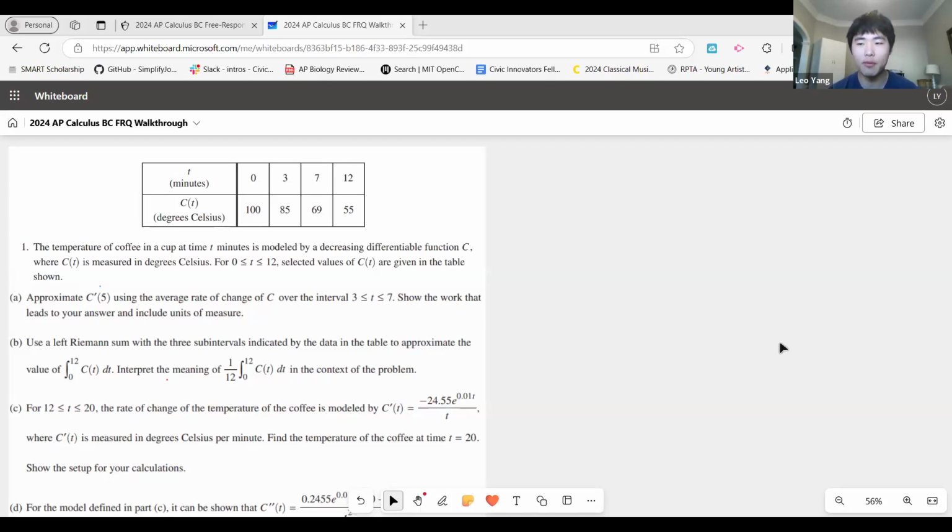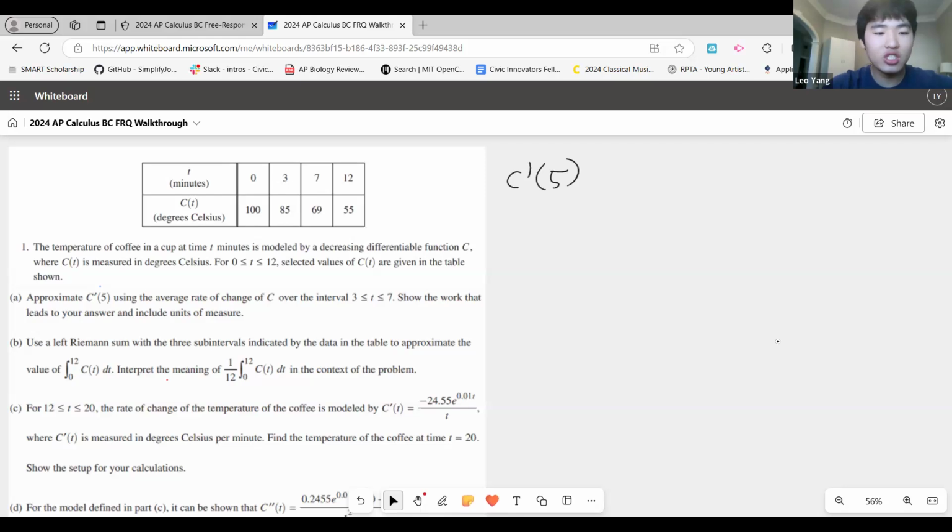So to approximate c prime of 5, we would use the slope function, and remember, m equals y2 minus y1 over x2 minus x1. This is the slope function.